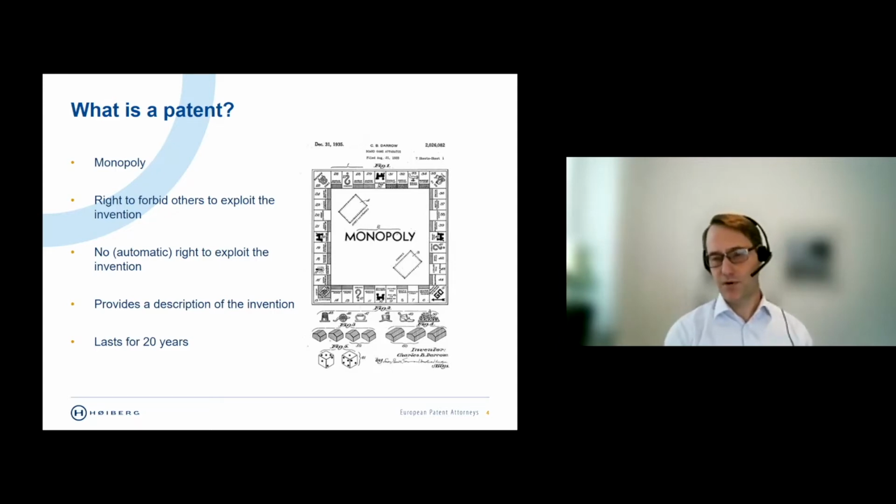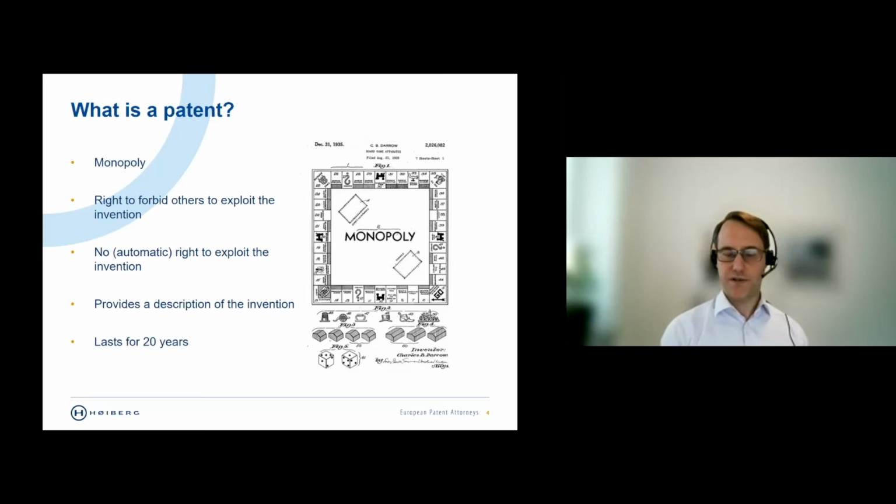This is a common misunderstanding, that if you file a patent application, that would give you some kind of right to exploit the invention. It doesn't actually, because it's only a negative right. So if you invent something and you patent it, you can prevent others from using the invention. That's how it works.